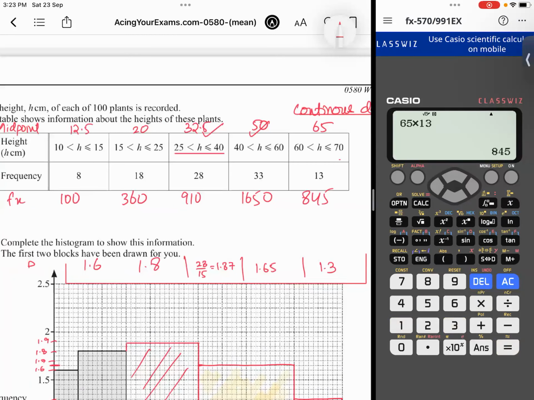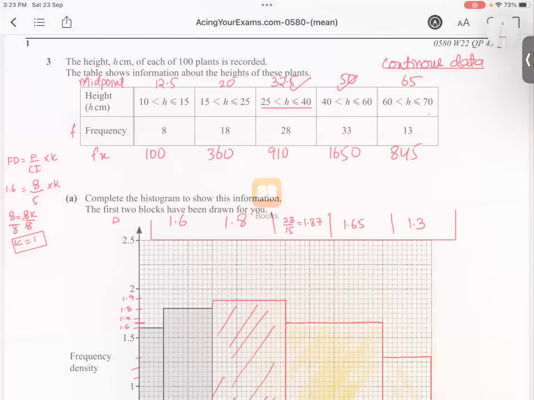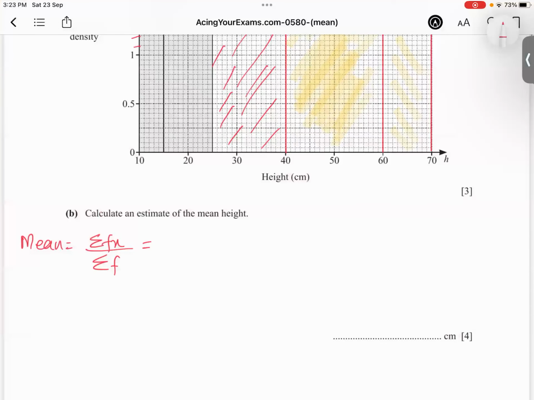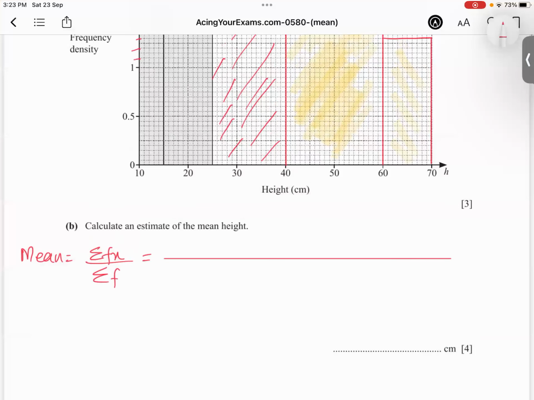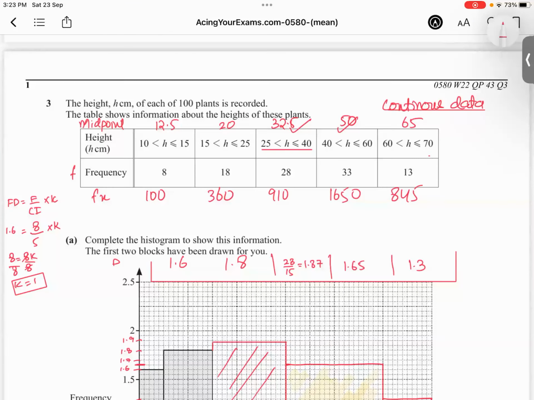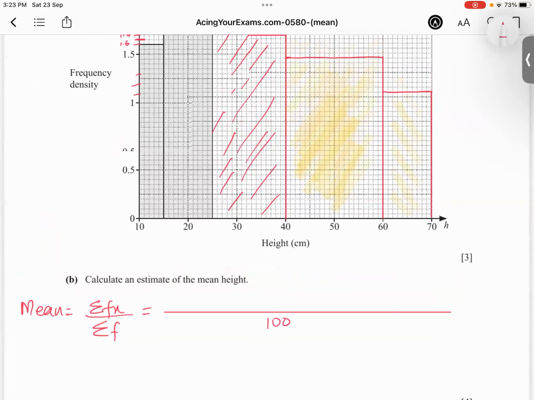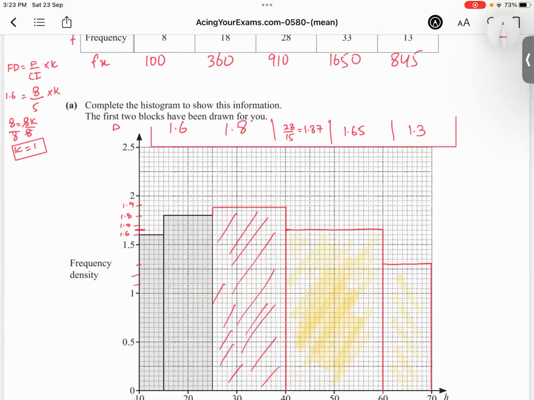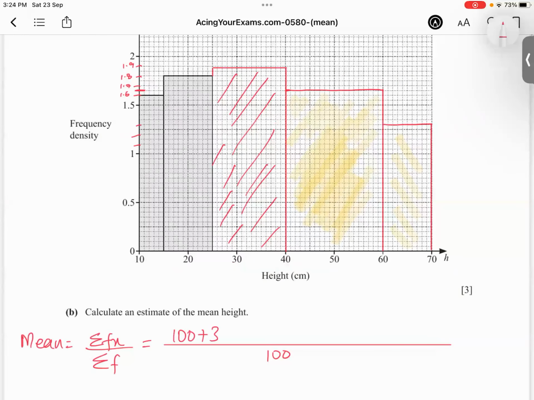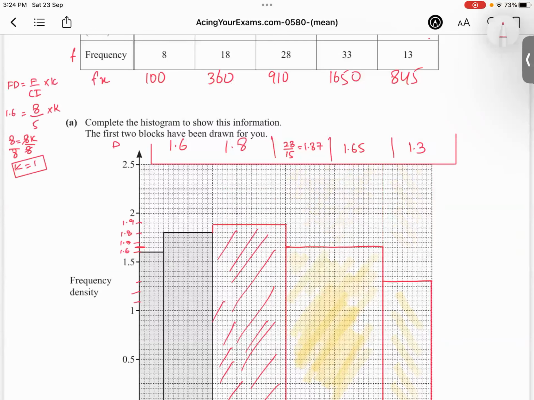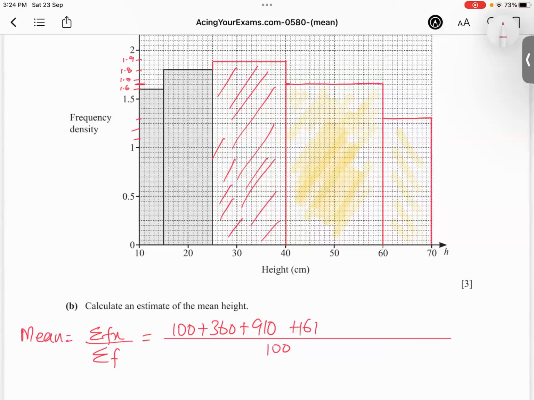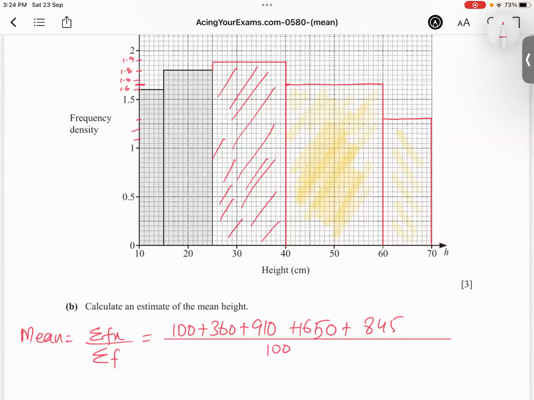Now we have to be very careful about only one thing, that is summation fx divided by summation f. All right. So there are 100 plants. Now add the fx column, which is 100 plus 360 plus 910 plus 1650 plus 845.